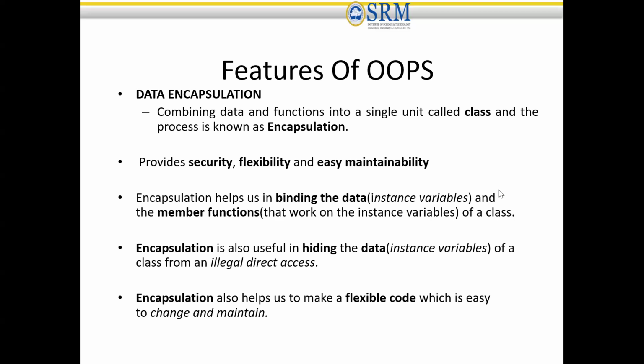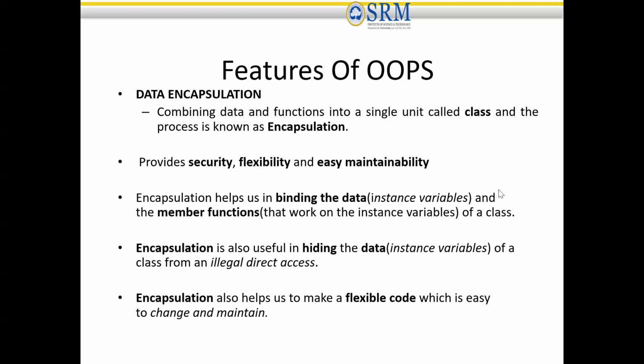Now come to the concept called encapsulation. Encapsulation helps us in binding the data. Binding means the data and member function: whenever we pass any data to a member function, it will be bound to the function definition. That is the instance variable and the member function that works on this instance variable of a class.